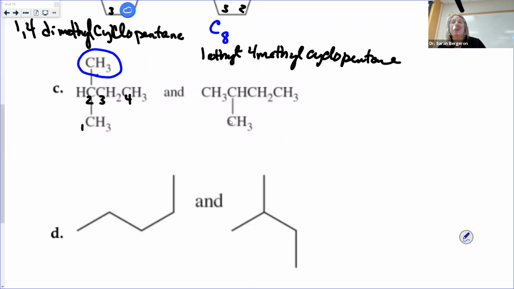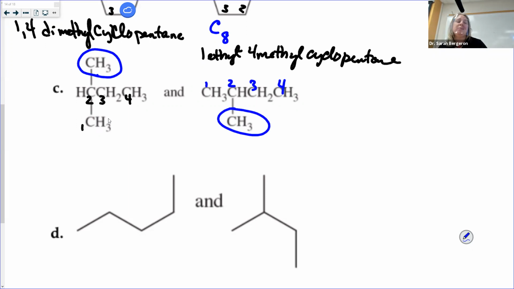Okay, so now here, do I start up or down? It doesn't honestly matter. You couldn't start with this carbon, but you could start with either one of these. So let's do this: 1, 2, 3, 4. And then coming off of carbon 2, what do I have? A methyl group.